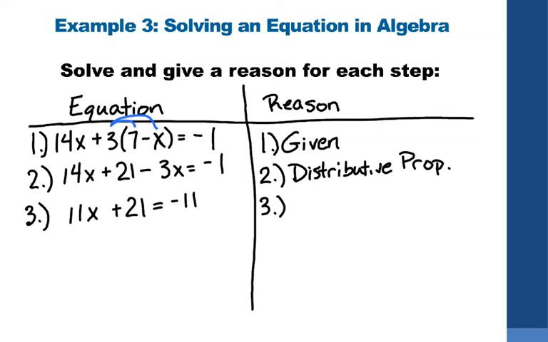That is what you did in that step. So, combine like terms. Okay, and step 4, what we can do here is say, let's go ahead and subtract 21 on both sides.